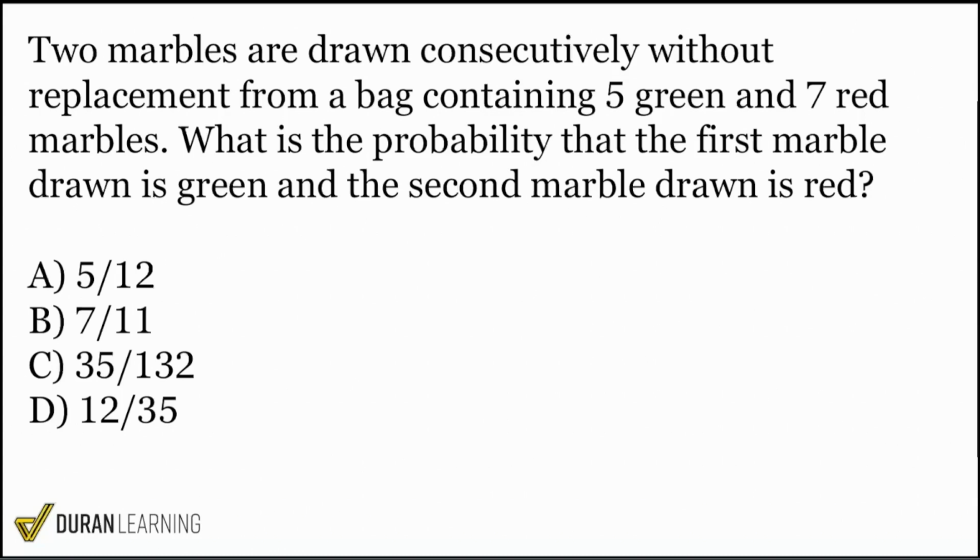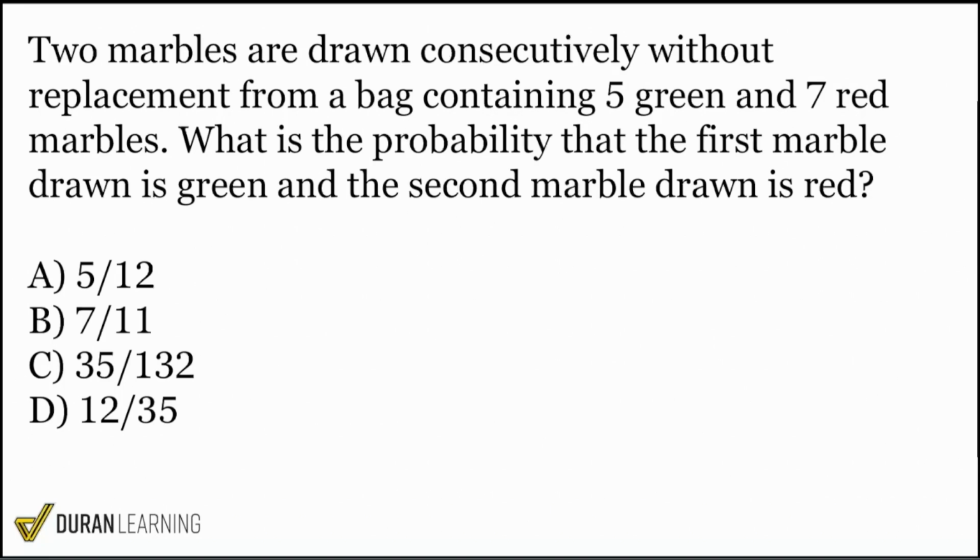Yeah, we have two probabilities that we're going to multiply together because of the word and. But in English, before we complicate things with the math, we are basically picking twice. And what do we want first? When we pick the first time randomly, the first color we want is green, correct. And then the second marble that we want is red.